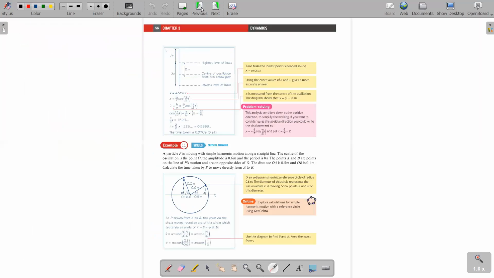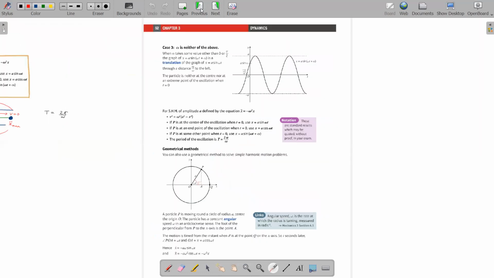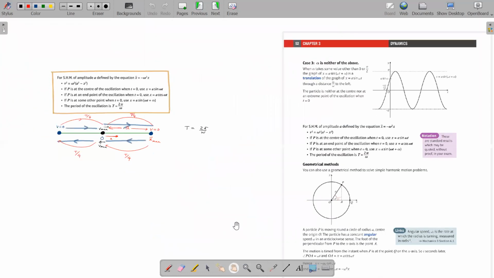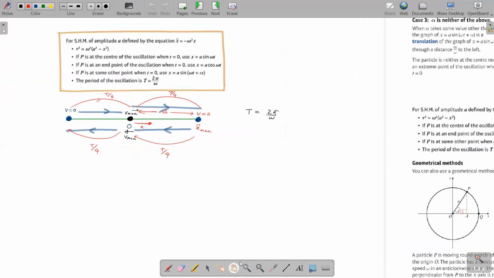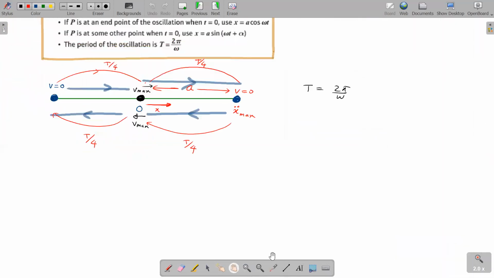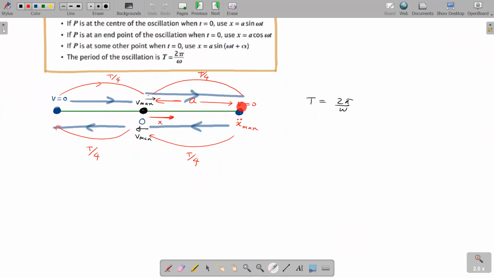So if I show you, I think we wrote this down, right? Do you see this diagram? Do you see what's happening here? From the center to the amplitude, what's the time taken? Capital T over 4. The time taken to go from the center to the amplitude will be a quarter of the periodic time. It's T divided by 4.